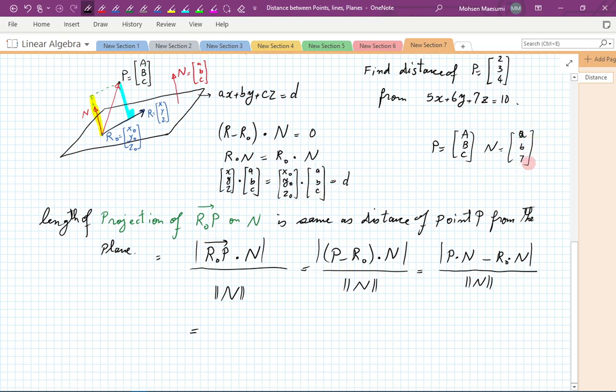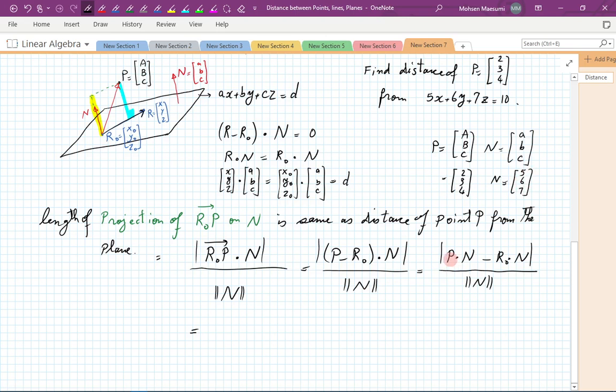So the example, let me clean this up. So the point that we are given in the example is 2, 3, 4. The plane that we are given is 5, 6, 7.